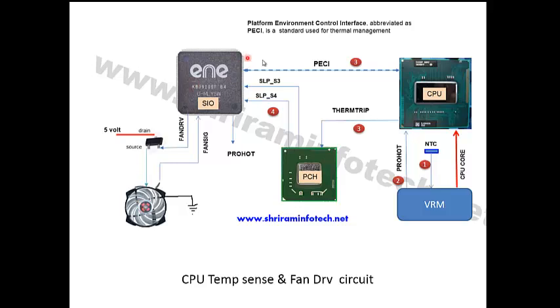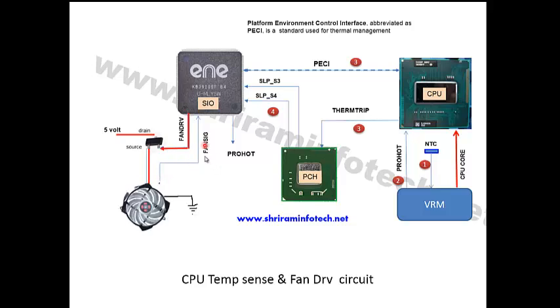When the CPU gets hot, at that time the SIO drives this fan drive signal to this MOSFET gate, and then the 5 volt gets triggered, this 5 volt comes to the source, and the fan starts rotating and cools down the CPU.